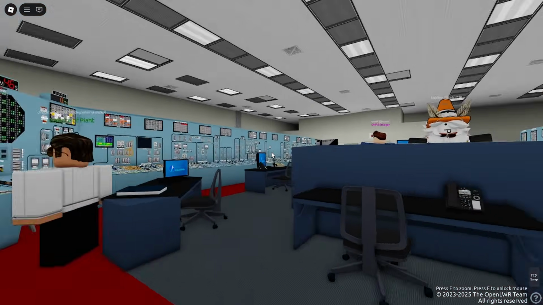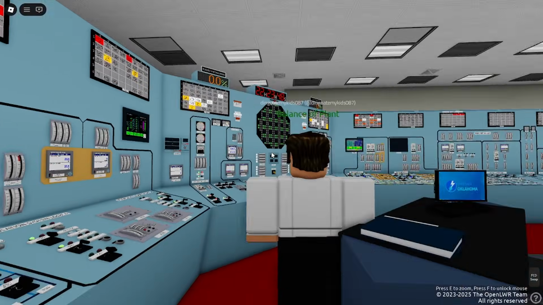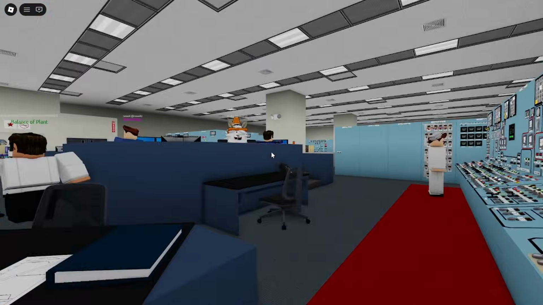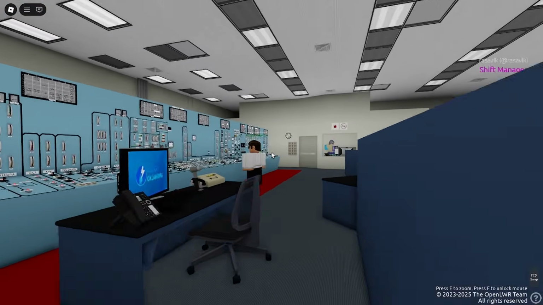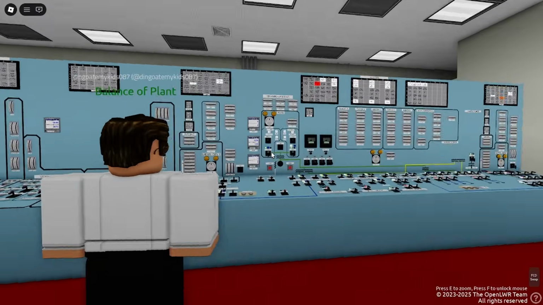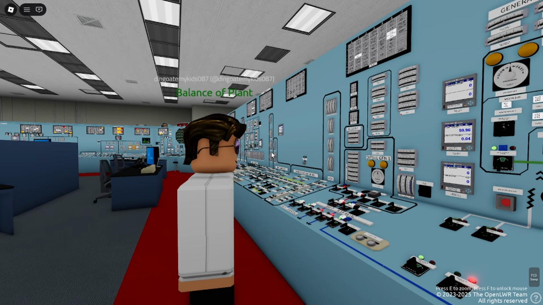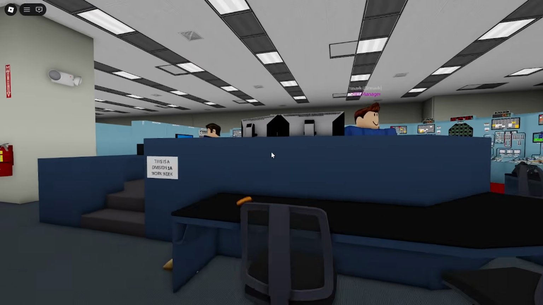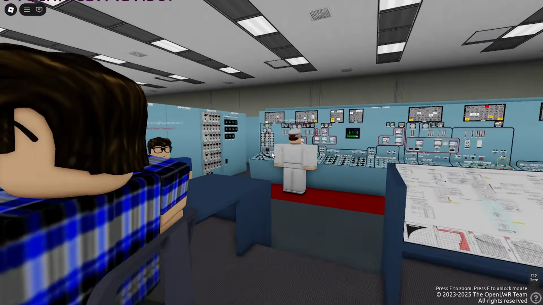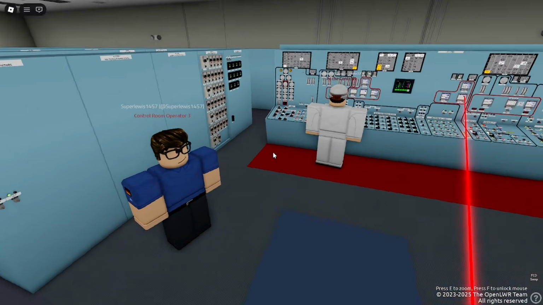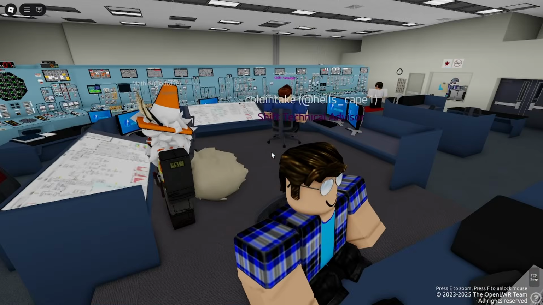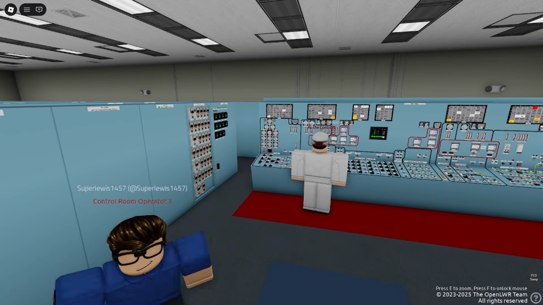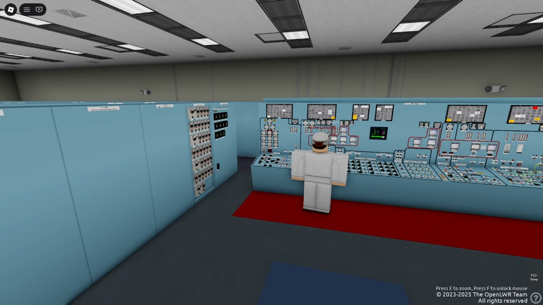Yatlov, if possible, I would like you to check containment purge and see if the drywell outboard isolation is currently open. Check if drywell outboard isolation is open on the drywell purge panel. That's correct.